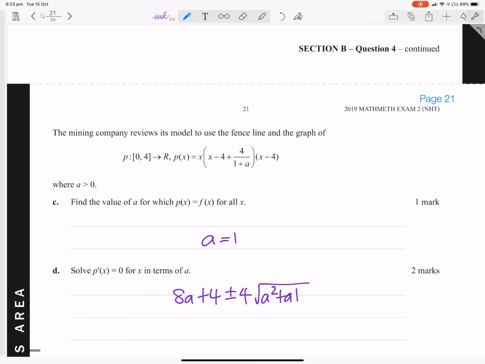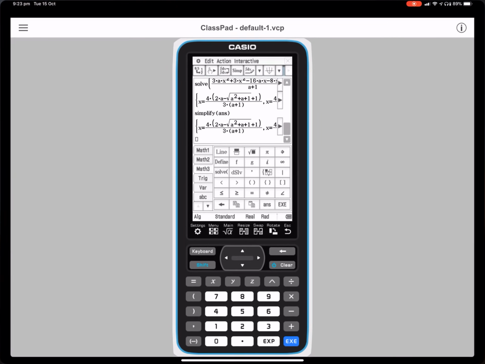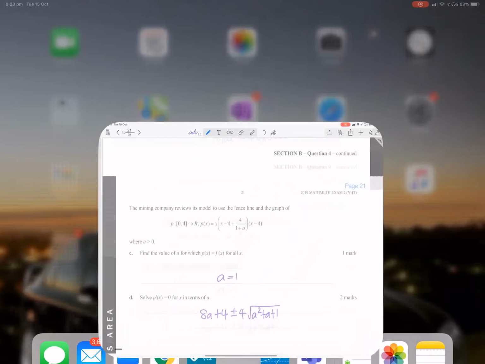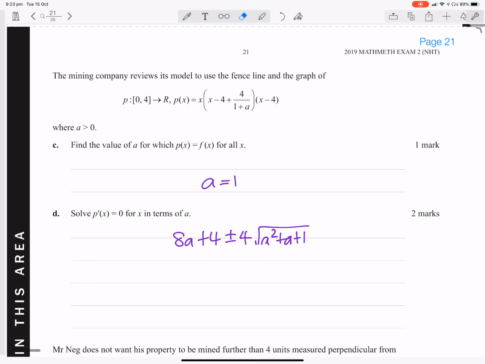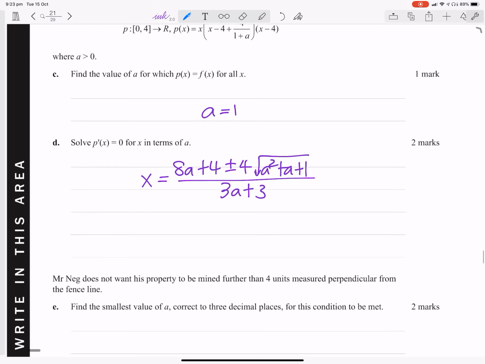A squared plus a plus 1. Is that right? A squared plus a plus 1 on 3a plus 3. So x is equal to either of those values. I guess maybe that's why it's 2 marks. It's just 2 a squared plus a plus 1.